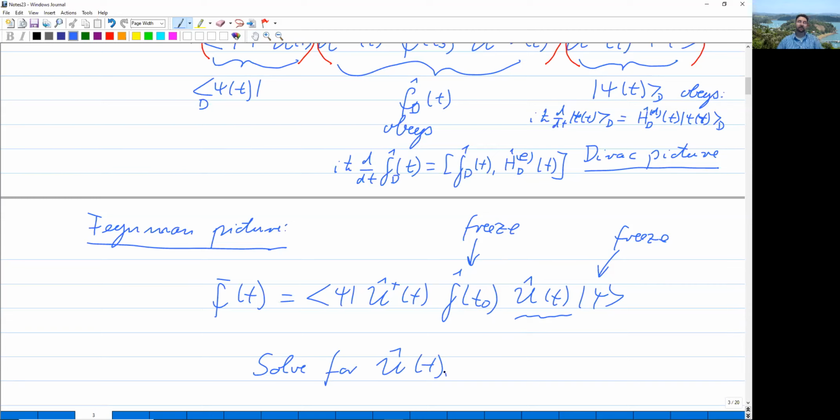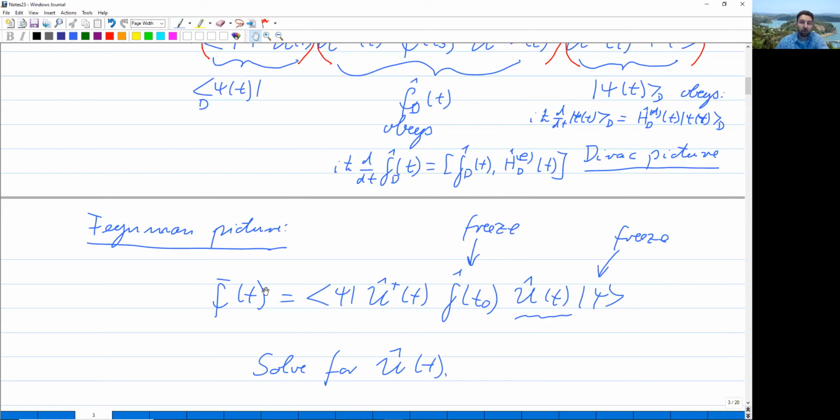In the Feynman picture, the states don't evolve in time, the operators don't evolve in time. No, they're frozen. Instead, we solve for the time evolution operator. Once we have the time evolution operator, we can then, if we want to, calculate the predictions right away using this formula.